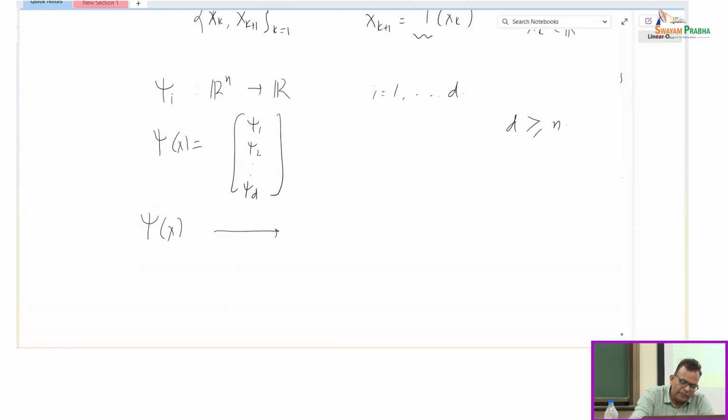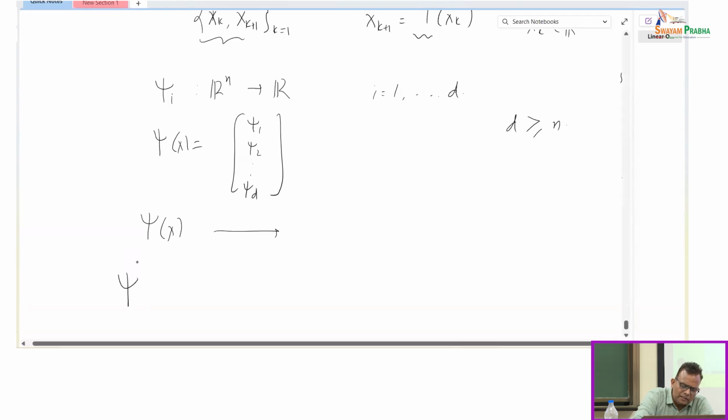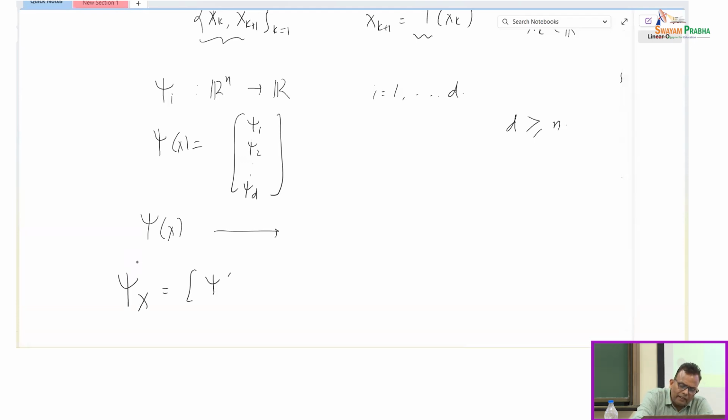So these are dictionary functions. We can now compute these functions on the data set, right? These are just functions that you pick. Now you evaluate these functions on your data points, xk, xk plus 1. Let's call capital psi of x the matrix psi of x1, psi of x2, dot, dot, dot, psi of xm.